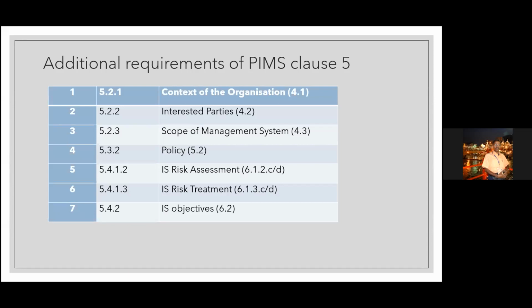In case an organization has to get certified for the personal information that it is holding as a controller or a processor, what additional controls or additional areas they need to take care of has been defined in the PIMS document at 5.2.1, 5.2.2, 5.2.3, 5.3.2, 5.4.1.2, 5.4.1.3, 5.4.2. There are 7 areas. All these 7 areas are the clauses of the ISO 27001.